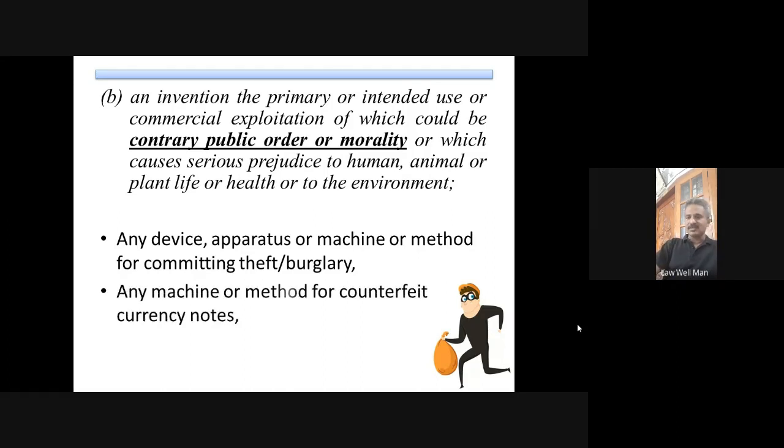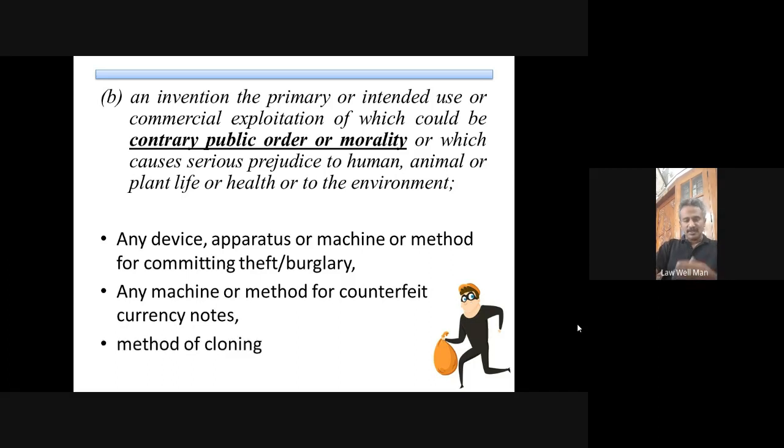Similarly, there are a lot of examples which could come within this: a method of counterfeiting, or a machine for counterfeiting currency notes. It may be novel. It will definitely have a technological advancement in the form of an inventive step, and the third one, utility, too. But nevertheless, it will have the hurdle of Section 3B.